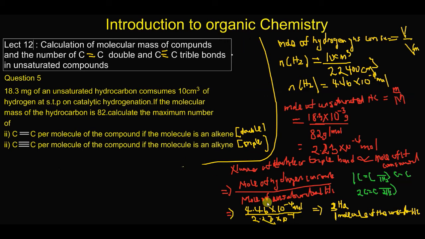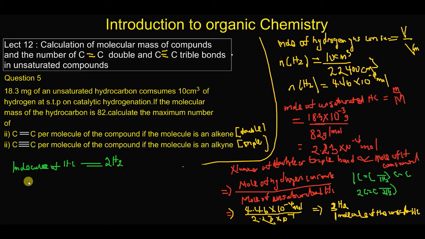If you take the molecule for example, here it means that 1 molecule of the hydrocarbon contains a certain number of hydrogen. So 1 molecule of the hydrocarbon consumes 2 moles of hydrogen gas.